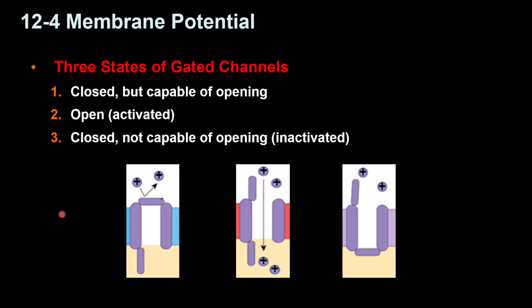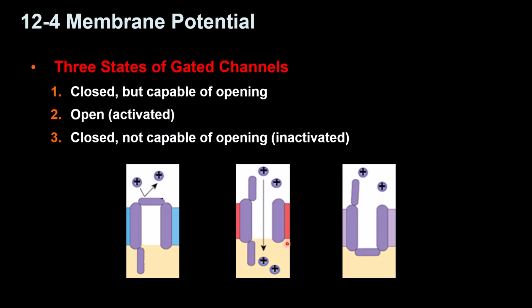There are three types of gated or active channels. One is closed, but able to open. They are closed normally, and if there is no stimulus, they do not allow any ions to enter the cell. Once you stimulate it, they can open up. Then there is an open one that is allowing the ions to enter the cell.